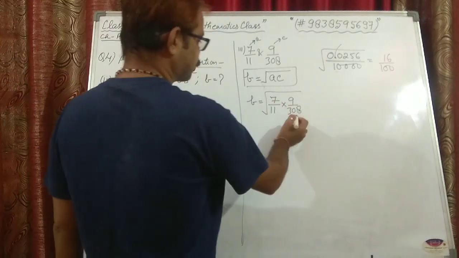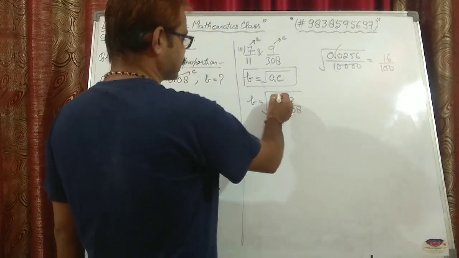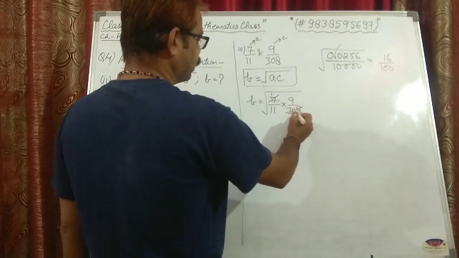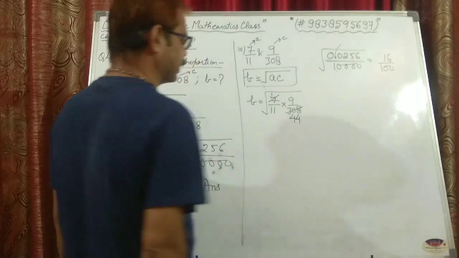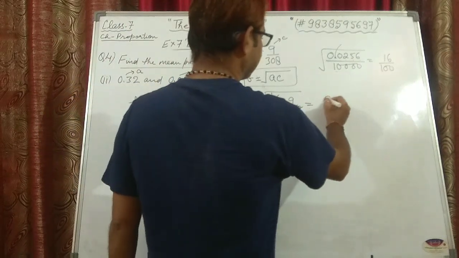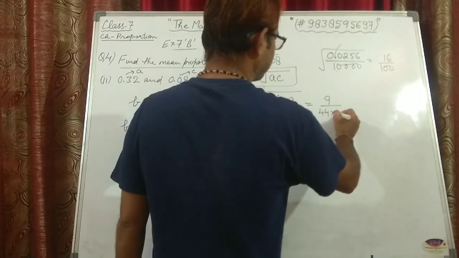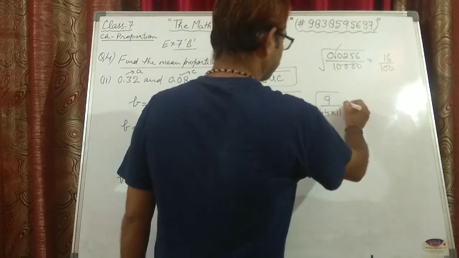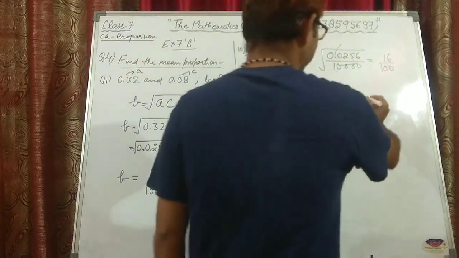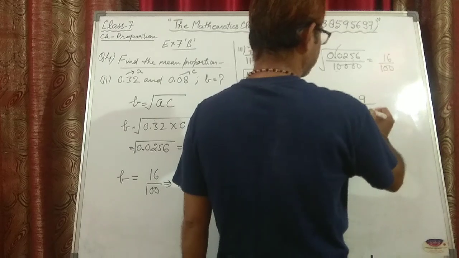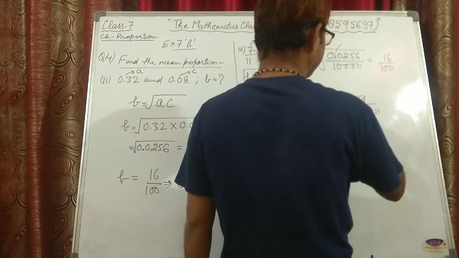Now you can see that 308 is divisible by 7. 7 ones are 7, 7 fours are 28. So finally we are getting 9 upon 44 into 11. 44 can be written as 4 into 11, all in roots.